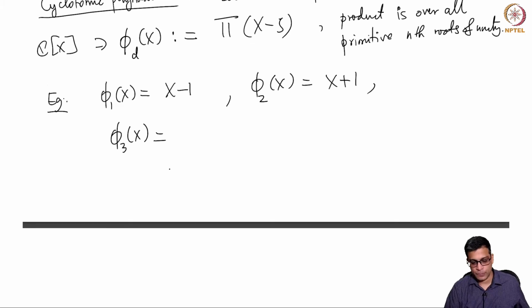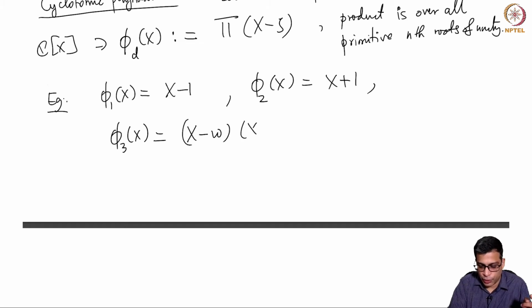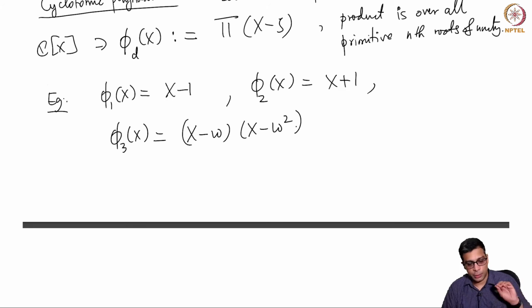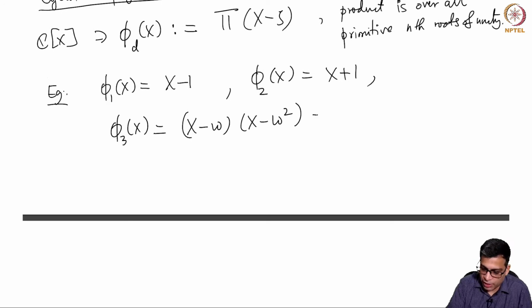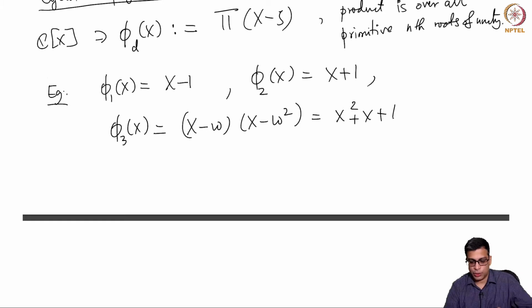What is phi 3? Phi 3 is the product over primitive third roots of unity. There are two of them, omega and omega square. Remember, 1 is a third root of unity, but it's not primitive. So you have x minus omega times x minus omega square, and if you expand this out, you get x square plus x plus 1, because omega plus omega square is minus 1.